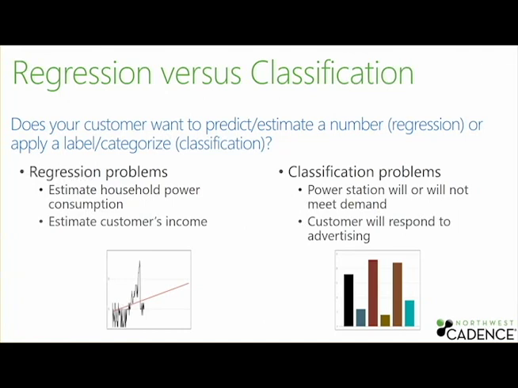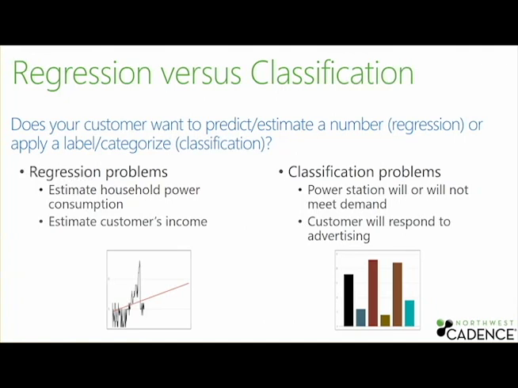That's a binary classification. Is it going to meet it? Is it not going to meet it? So if we're predicting power consumption or income, that's very much a continuous value, whereas a yes or no answer is a categorical value. Those are categories. So that's the difference.